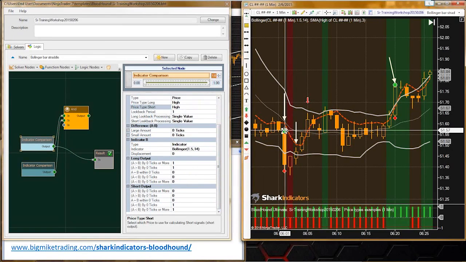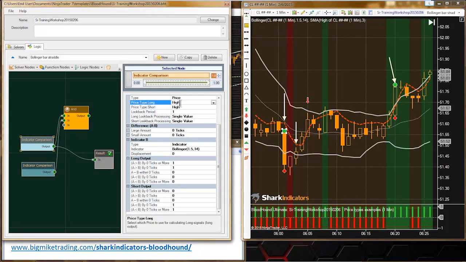Okay, so for a long signal, I need the high price to be above the line. So we have the high price, which is A, is greater than the Bollinger Band. So that's set up correctly.